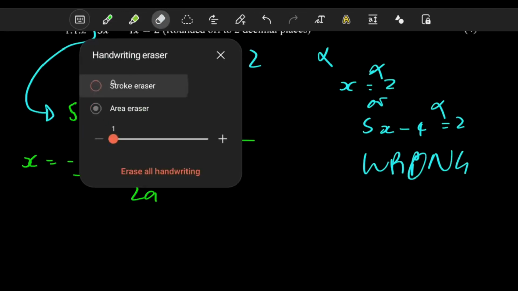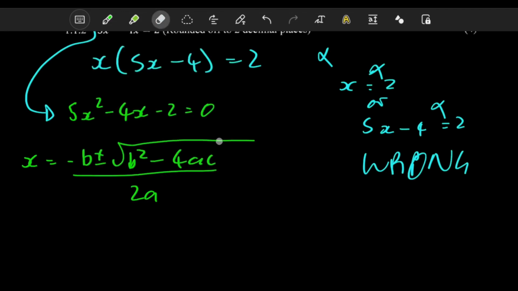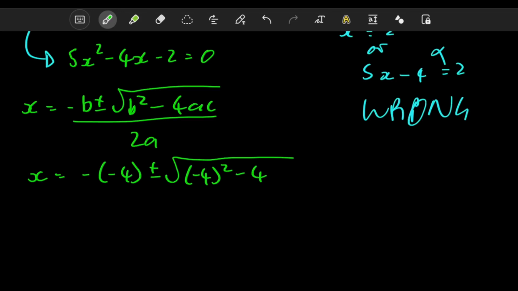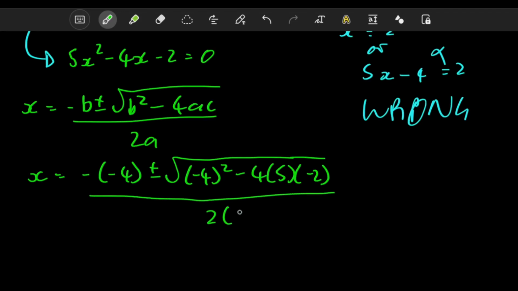It's on your formula sheet, so it's really not a big deal remembering it. So here x is going to be equal to minus b plus or minus, where's b? B squared minus 4ac.